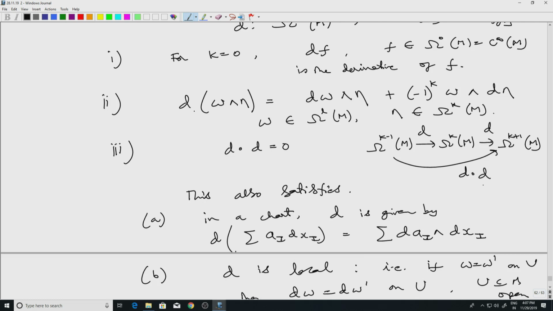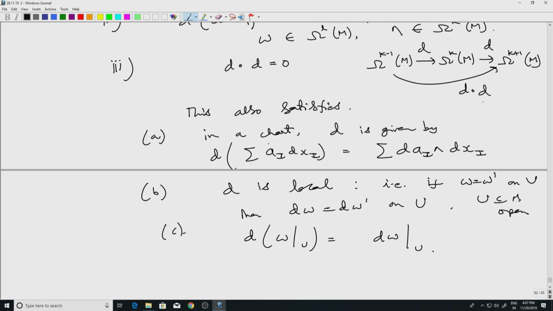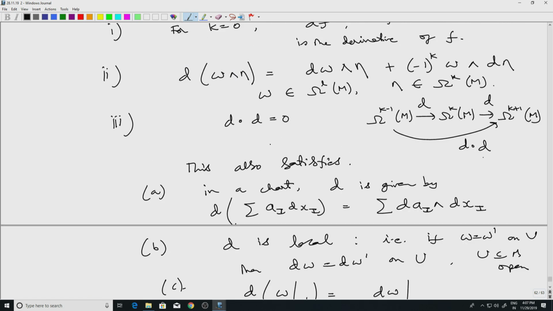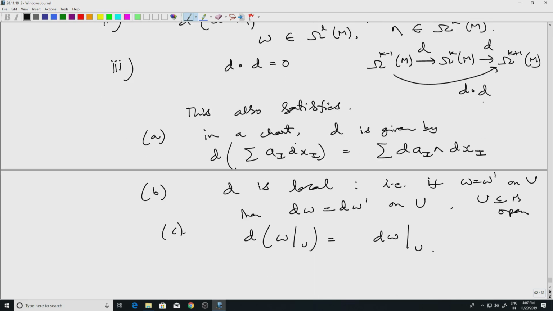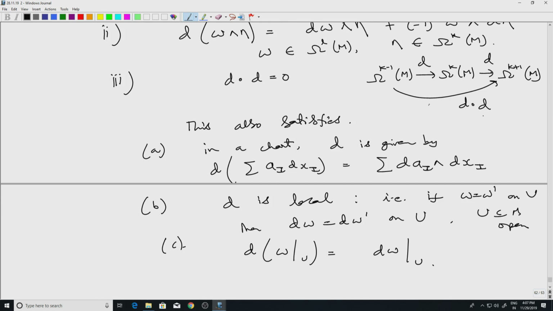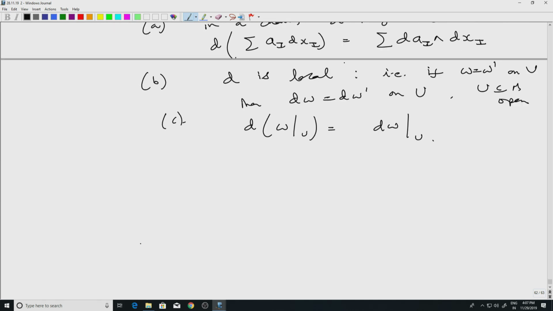And then there's a sort of Leibniz rule here. Then this mysterious property that d composed with d is 0. And then one has 3 additional properties, that in a chart this d is given by this formula here, and d is local and commutes with restriction.